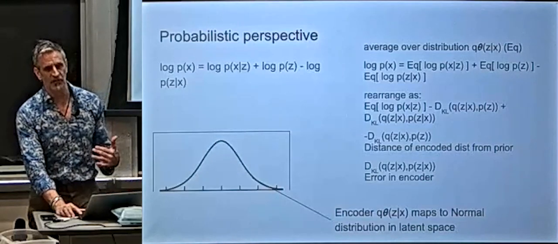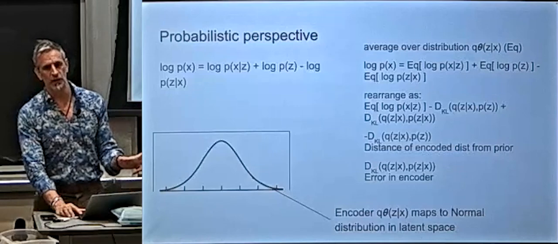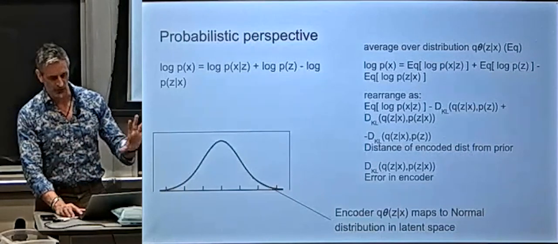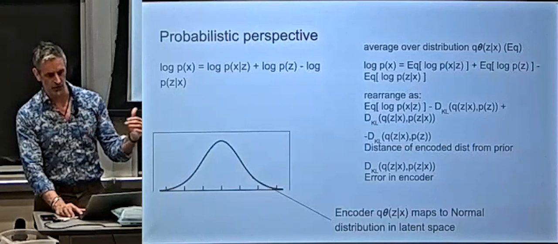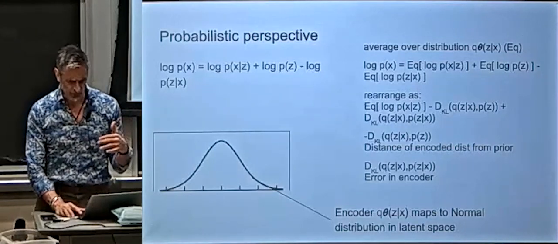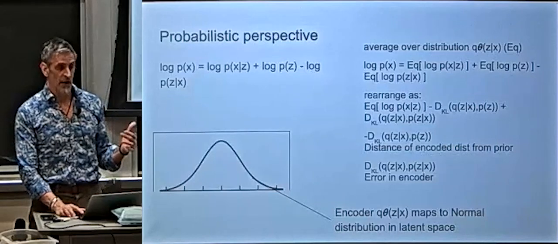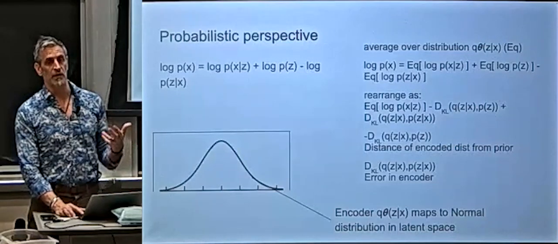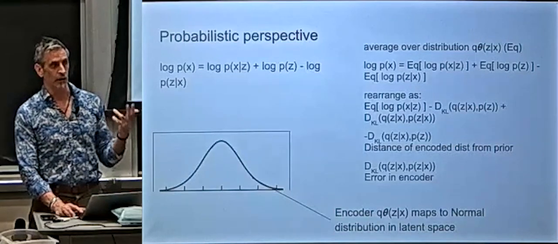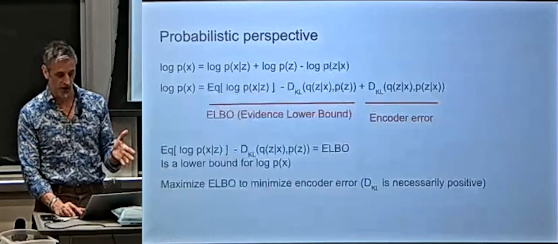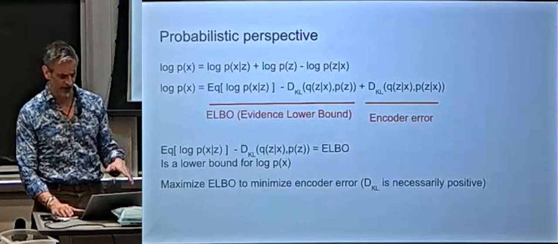Okay, so now we've rearranged these terms, and we've rearranged them by taking an average over what's coming out of our encoder, and we've rearranged them in a way where we can see relationships between these different quantities, right? We have this KL divergence.